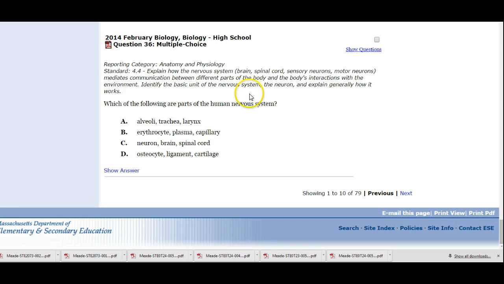Human nervous system. Which are the following parts of the human nervous system? C, the neuron, brain, and spinal cord. The alveoli, remember we've talked a lot about because it's where gas exchange occurs, CO2 and O2. Because why do we breathe? Yeah, I know, to stay alive, but remember where that oxygen needs to go.